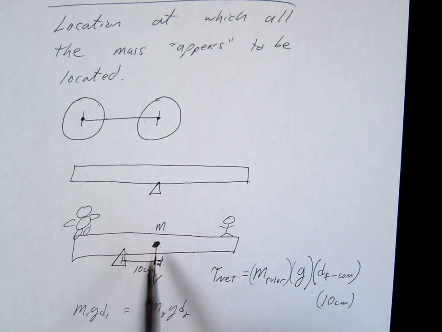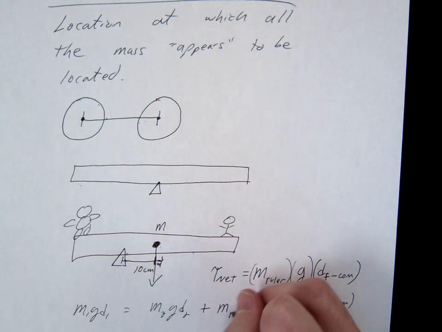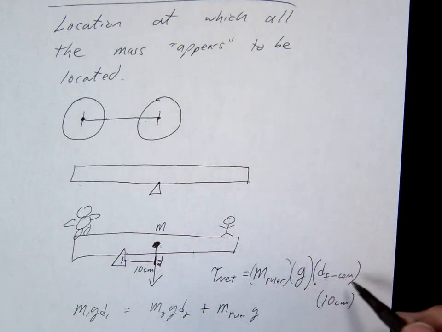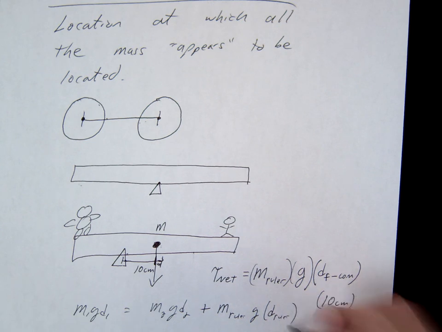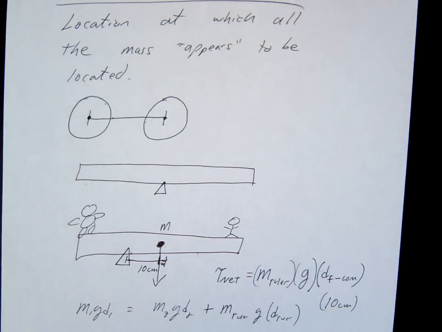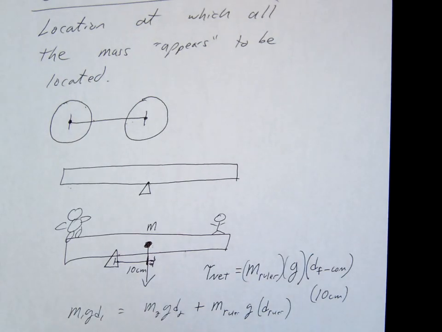So we'd have to add in, now which side would we add in that third torque? To the right side. So we'd say, okay, plus the mass of the ruler times g, well, what we just did right here, right? Times g times that d ruler. Okay, and so we'd add in that little piece here. So we'd include the center of mass torque. All right?